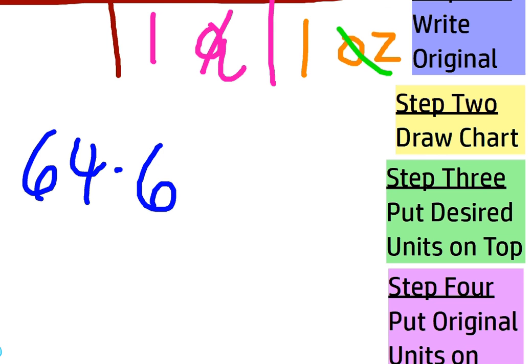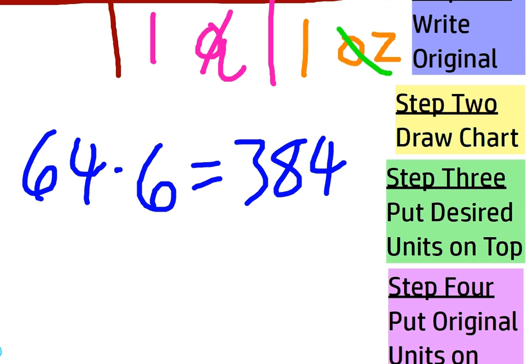See if I can do that in my head. 360 plus 24, 384. So there are 384 teaspoons in 2 quarts.